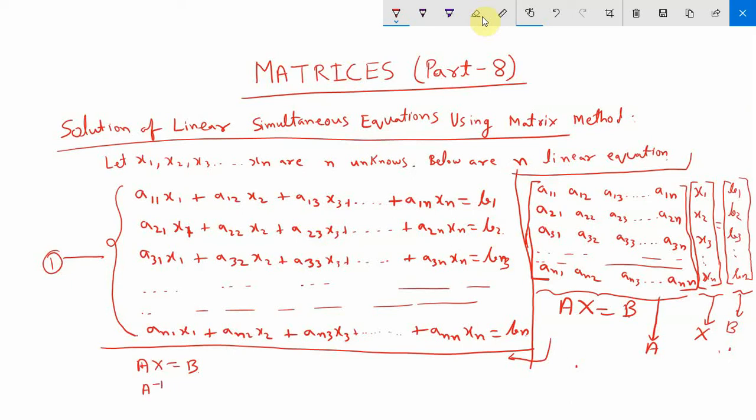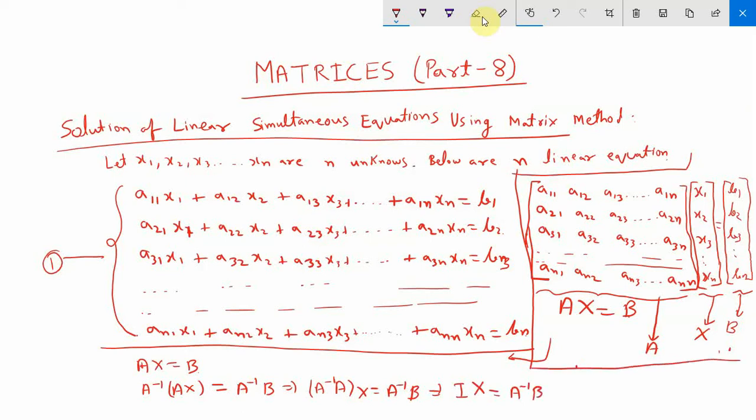So A inverse of AX equal to A inverse into B. Or we can write A inverse A into X equal to A inverse B, and we know A inverse into A will be an identity matrix, so we will write I into X equal to A inverse into B.